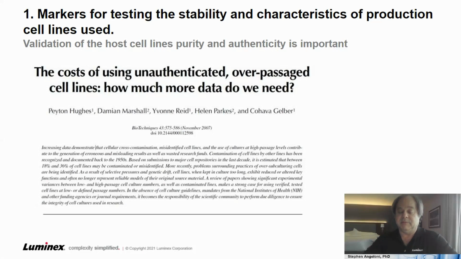Now, the ATCC put out a publication on this because they biobank a lot of cell lines, and they've realized over the years that some people have cell lines that aren't really what they think they are. So you need a method to authenticate that cell line. And if you have cell line stocks and you pass them over time, you want to monitor them for being the same, having all the same characteristics with each passage as you bring them into the production line.